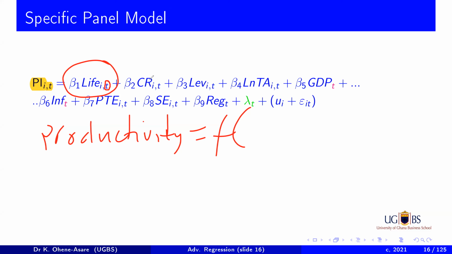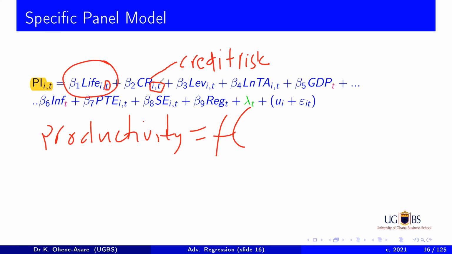Now the next variable is credit risk. Credit risk is a continuous variable, so that one is changing across time and across individuals. That's correct, it's changing across i and across t. The next one is leverage.